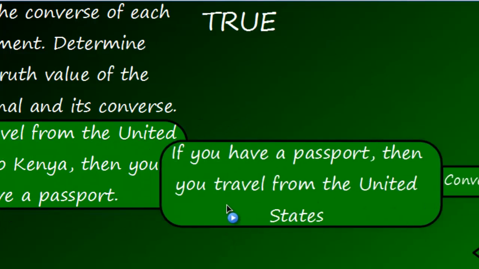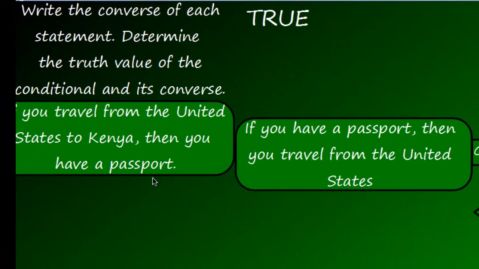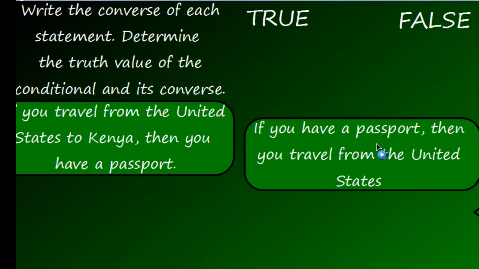If you have a passport, then you travel from the United States. Now, is that true? Well, no, that's false, because you could have a passport and never leave the United States. You could travel from California to Nevada, and that doesn't require one. So while you have a passport, that doesn't mean that you travel from the United States. So this converse would be false.